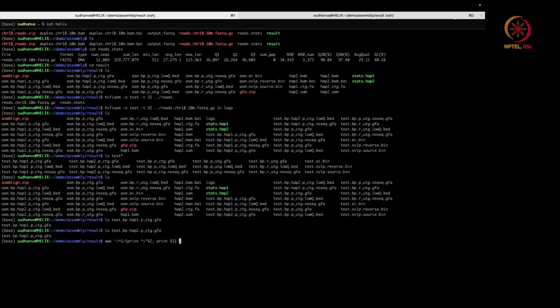So over here I have an awk command, and I will pass the GFA file corresponding to the contigs from the first haplotype, and I will store them as a FASTA file.